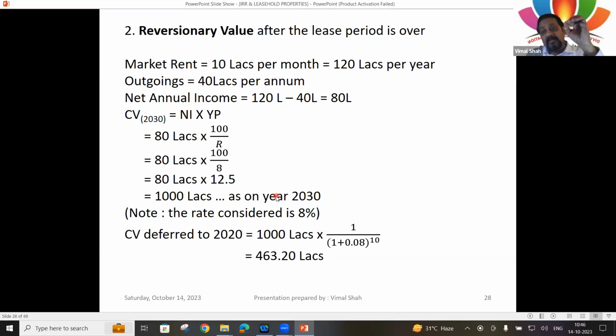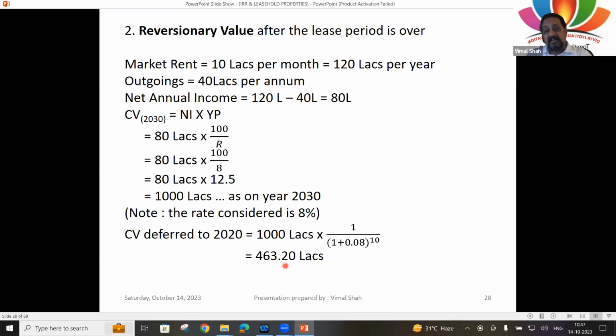But this 10 crore is when? In 2030. But you are doing valuation in 2020. So if he is getting 10 crore in 2030, what is the value today in 2020? So you have to defer that value using the present value factor formula of 1/(1+R)^n. So using the present value factor formula, I will bring that 10 crore rupees value to today's value, and it is coming 463 lakhs.